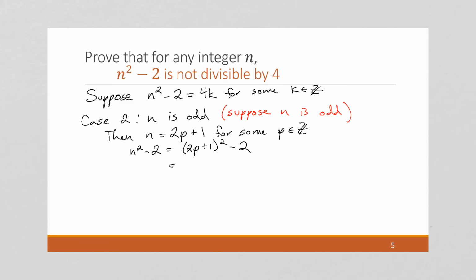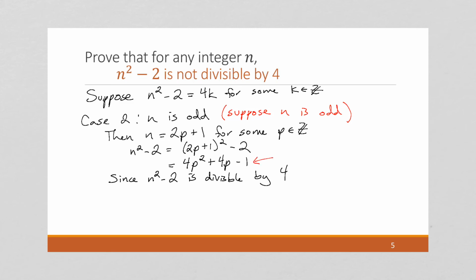And what can I do with this? I can factor it. And if you factor this out, you're going to get that this is 4p squared plus 4p minus 1. And again, I'll leave that algebra to you. But that's through factoring. And we know that since n squared minus 2 is divisible by 4, we can substitute that in for n squared minus 2.